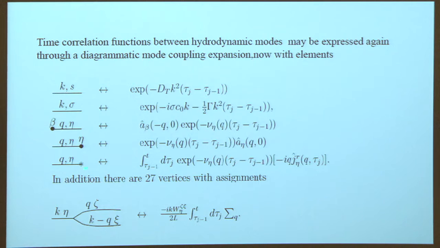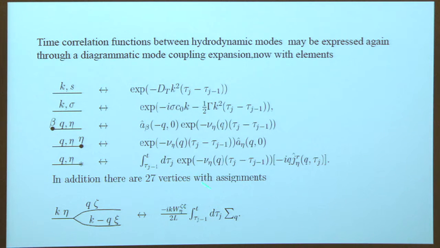And you also have three types of fluctuating currents for the heat mode and for the two sound modes. And in this linear order, the heat mode just decays diffusively. The sound modes propagate and decay as well in a diffusive way.